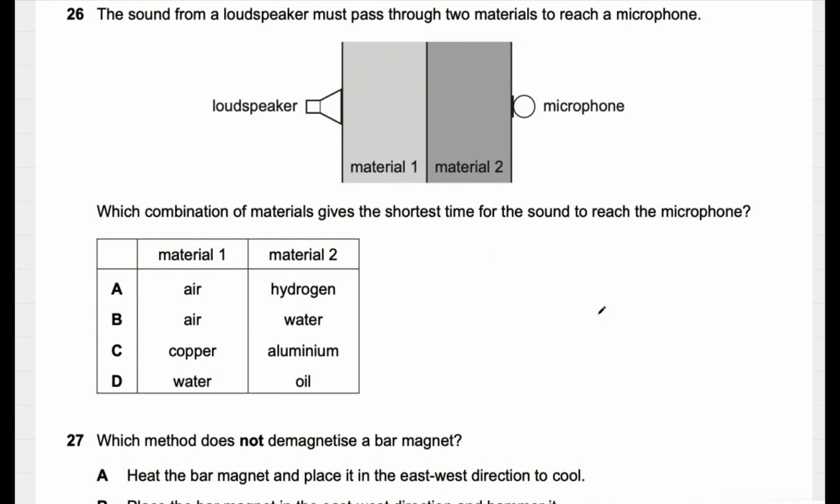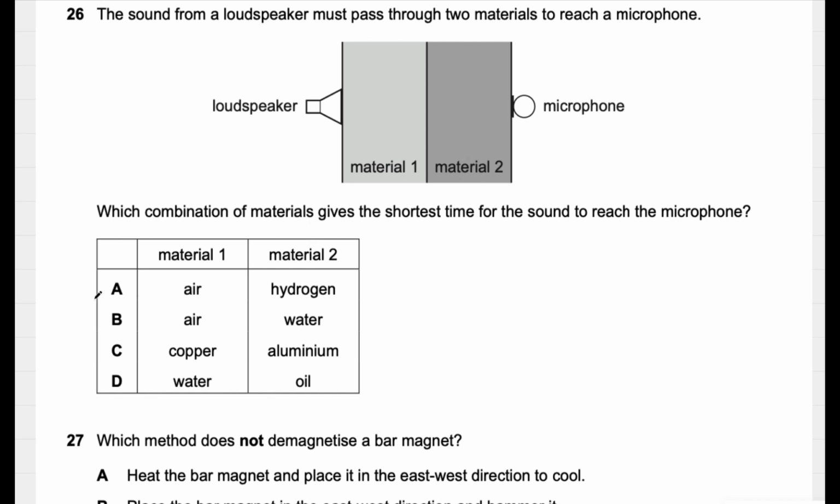I think the sound travels fastest in solid, because in solid the molecules are very close together, so the particles pass the sound by vibration from one to another. So if you make materials 1 and 2 solid, then the sound will travel faster.